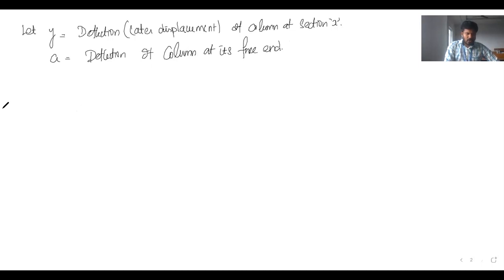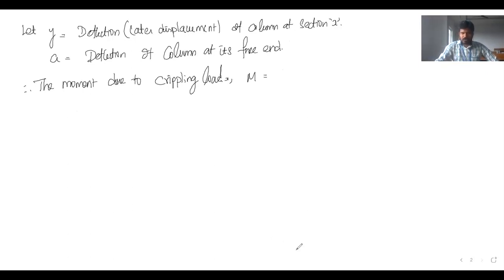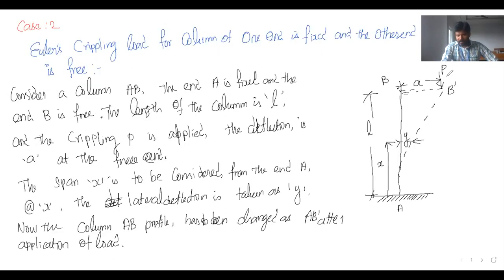Now the moment due to crippling load, M, at section X we are going to take. Coming to the first, P into A minus Y is the value, which means force into perpendicular distance.